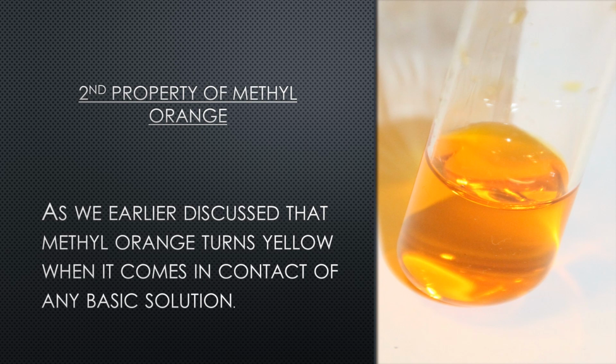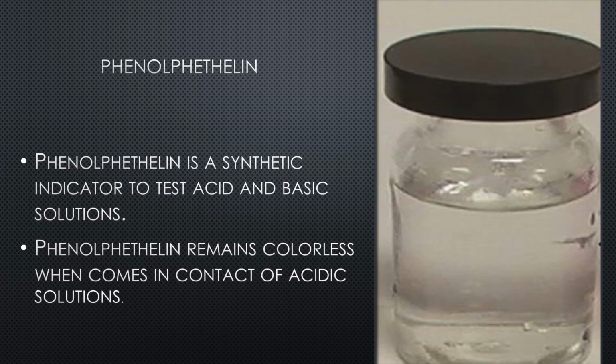Now, the third indicator that helps in our chemistry lab is phenolphthalein. It is very helpful. And how does it help? Suppose you are given two bottles in a chemistry lab, and these two bottles do not have any label. Then how can you find out whether this is acid or base?